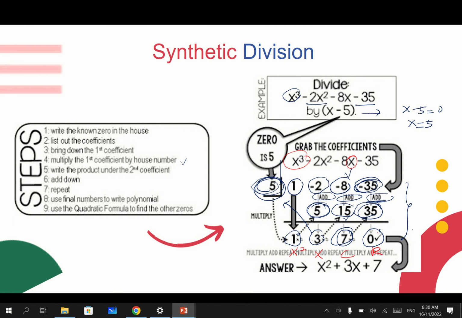So dalam case ni kita dapatlah remainder sama dengan kosong. And then the values of x kuasa 2, x, and constant ni kita tukar di dalam bentuk quotient, which is kita akan dapat 1x kuasa 2 tambah 3x tambah 7. This one is the quotient. Remainder equal to 0.